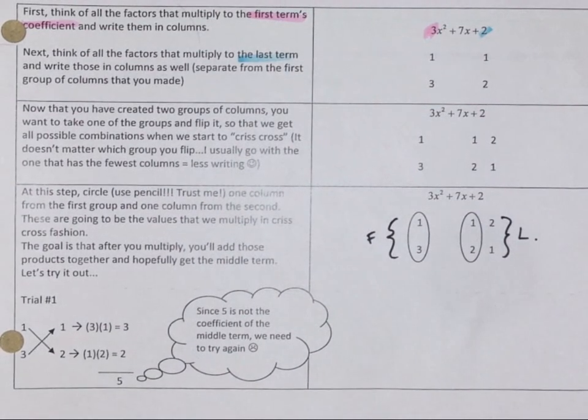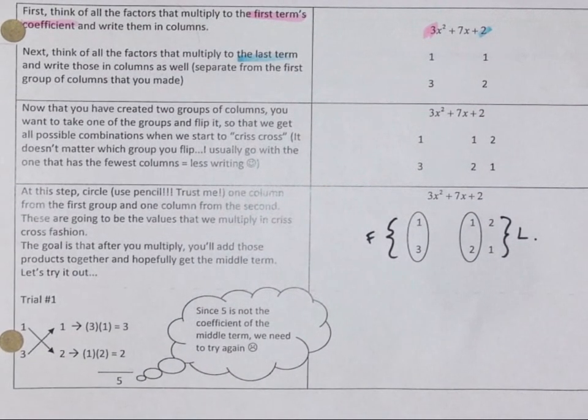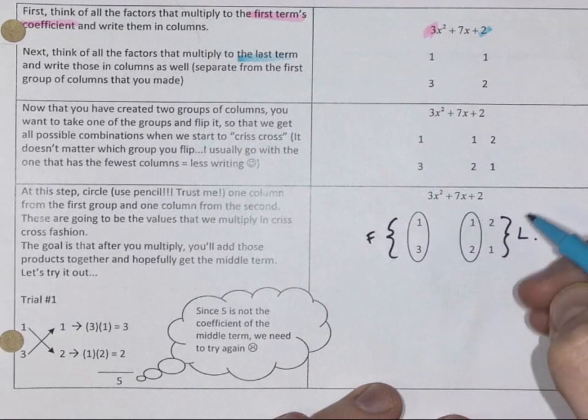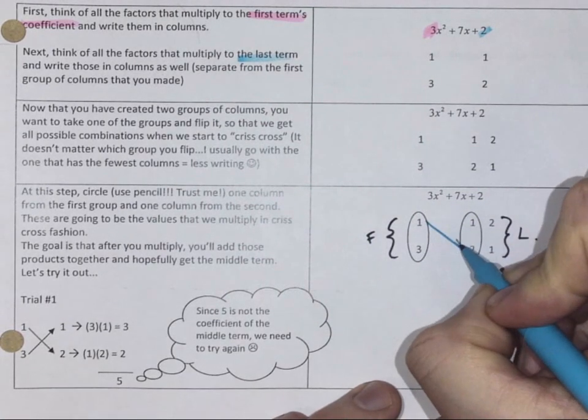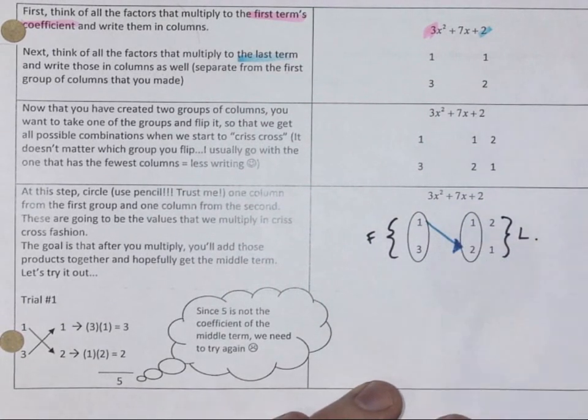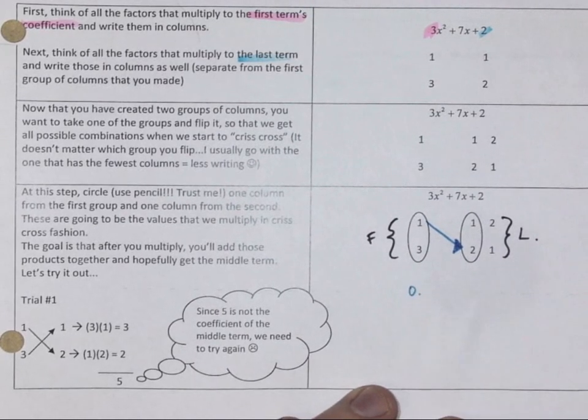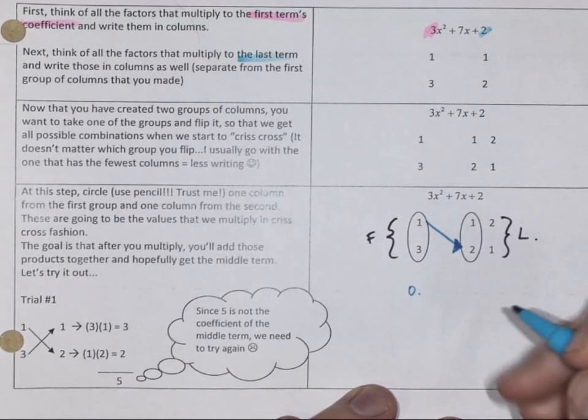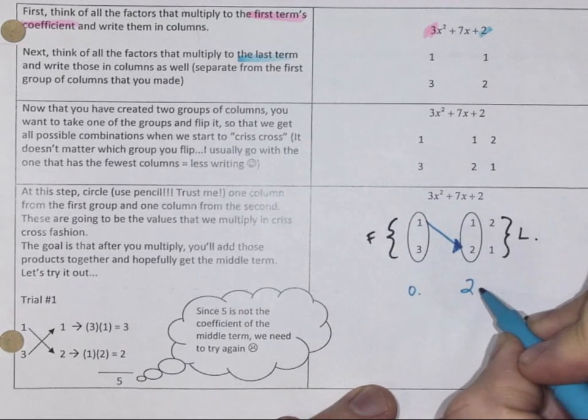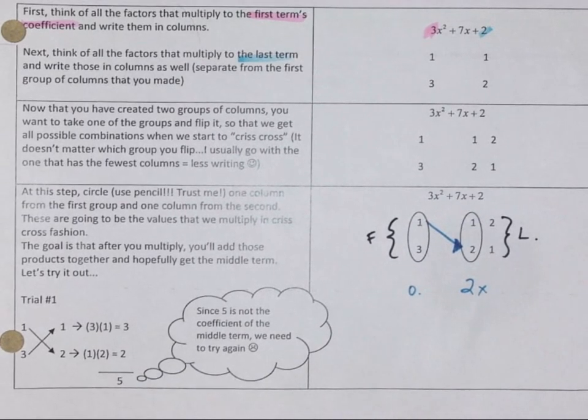So now we're going to just multiply. And instead of going straight across, I'm going to crisscross. That's why it's called crisscross. Crisscross applesauce. 1 times 2. That would be the O of our FOIL if we were going forward. And 1 times 2 is 2, and really it's 2x.